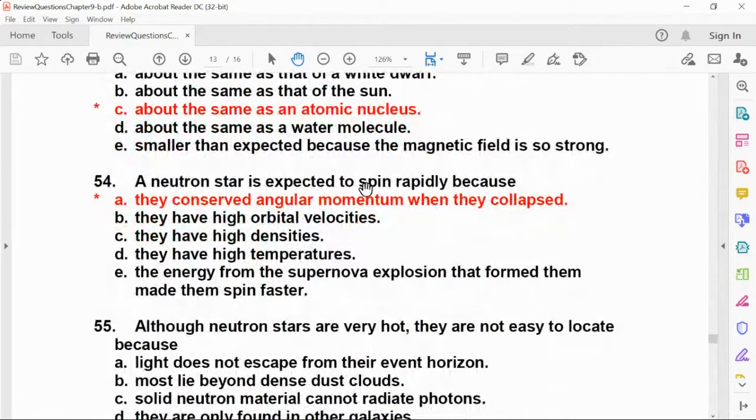A neutron star is expected to spin very rapidly because they conserve angular momentum when they collapse. And today I was teaching my general physics 1 students about angular momentum and how things will become faster when you change something that we call the moment of inertia.